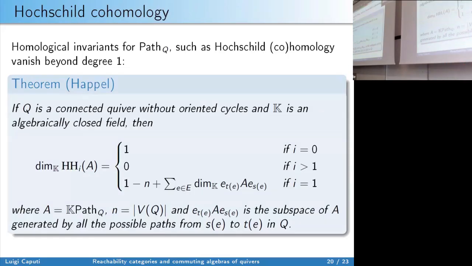And a result of Happel says that if you start with a quiver and take the path algebra of it, then the path algebra is one-dimensional, and also Hochschild homology is going to be at most one-dimensional. So if you want to cook up nice invariants of data, this is not the way. You're going to look at only connected components and all possible paths in the quiver, which is not satisfying.